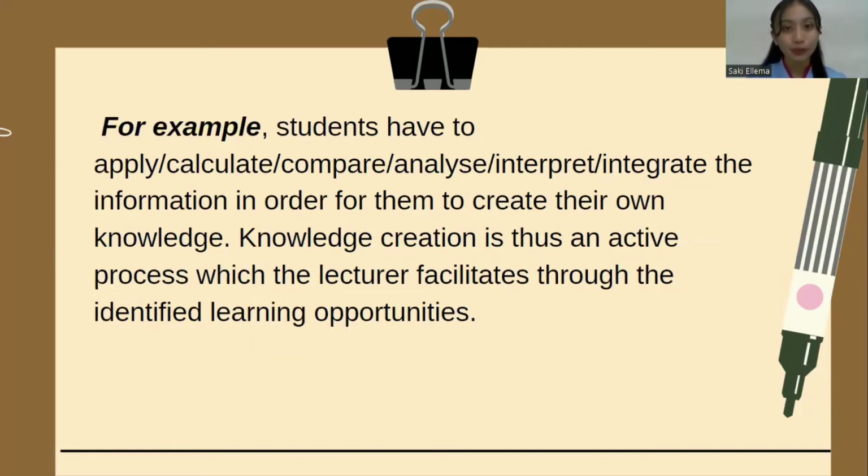For example, students have to apply, calculate, compare, analyze, interpret, integrate the information in order for them to create their own knowledge. Knowledge creation is thus an active process which the lecturer facilitates through the identified learning opportunities.